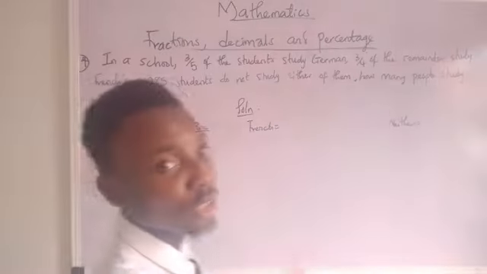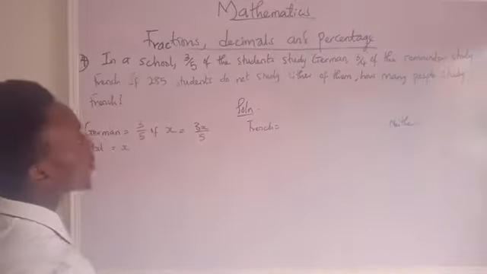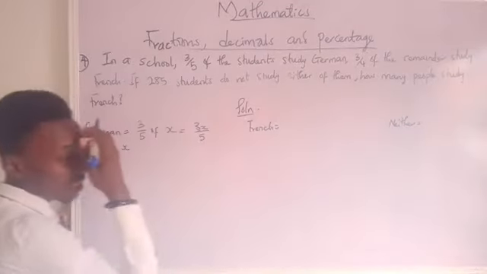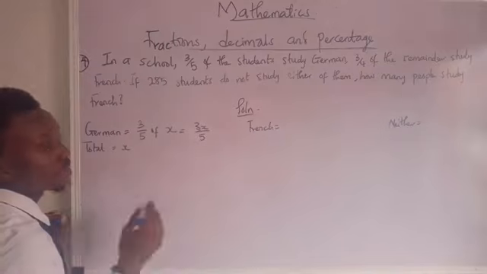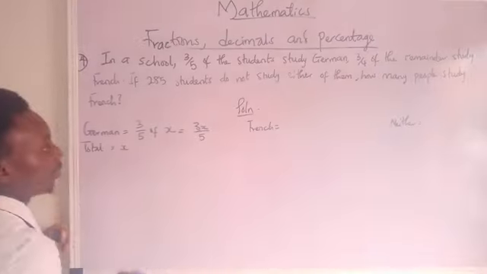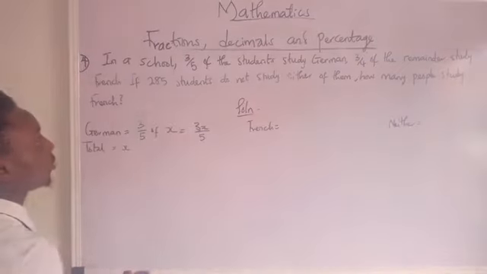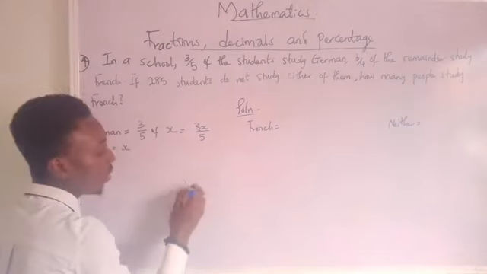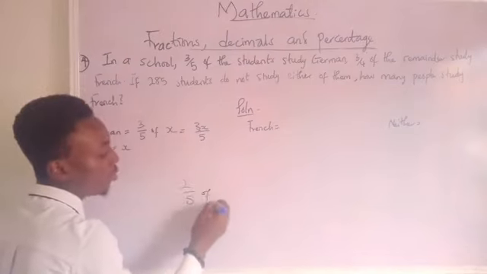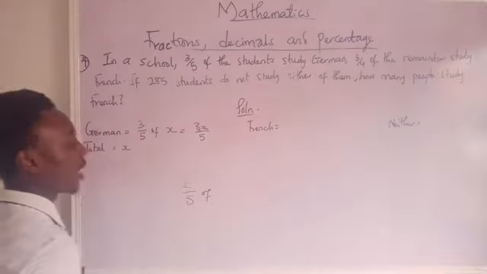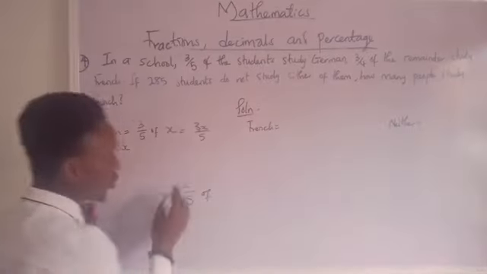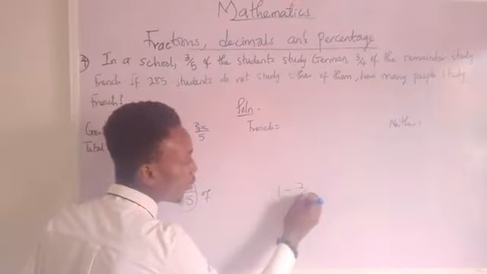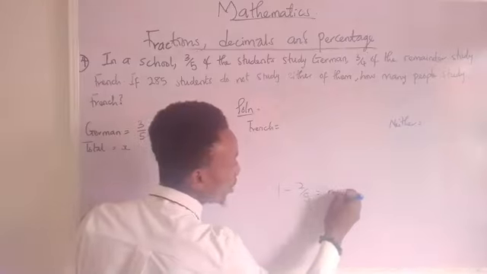Now, students studying French, look at it. They said 3/4 of the remainder. Now, like I said before, when you have, let's say, 2/5 of a number doing something, and they say the remainder, you subtract this one from 1. 1 minus 2/5 will give you the remainder.